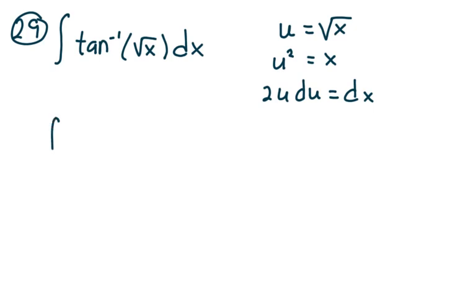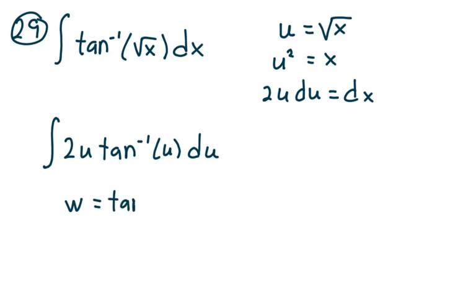And so this is the integral of 2u arctangent of u du. Integration by parts. So I'm going to let w equal arctangent of u. U is already taken, so I can't do it twice. dv is equal to 2u du.